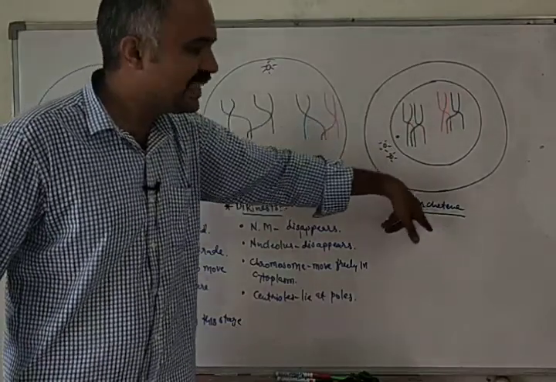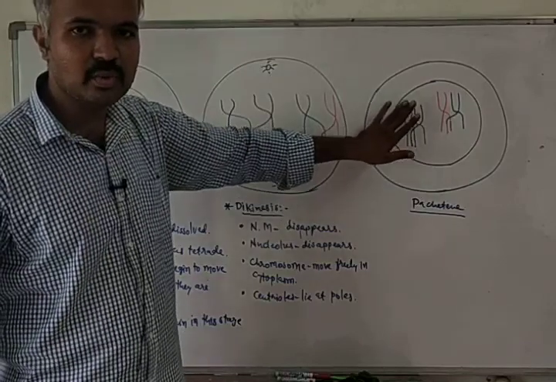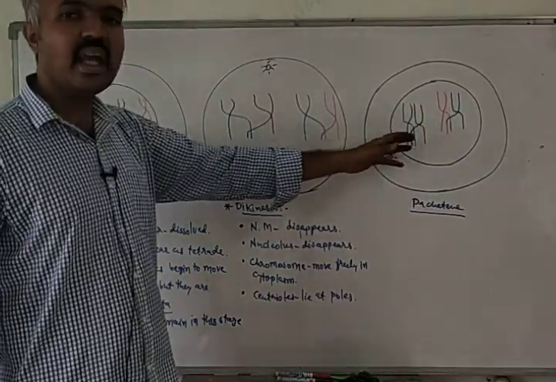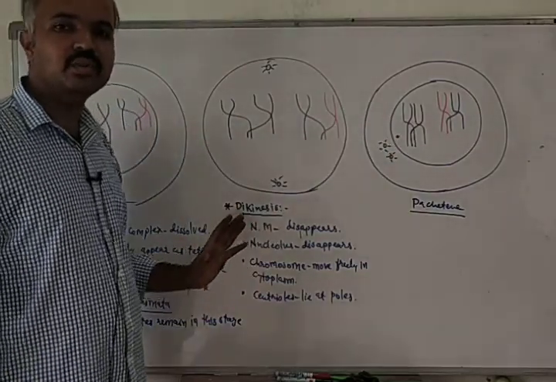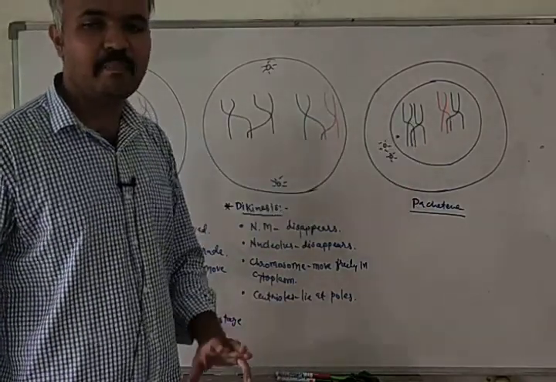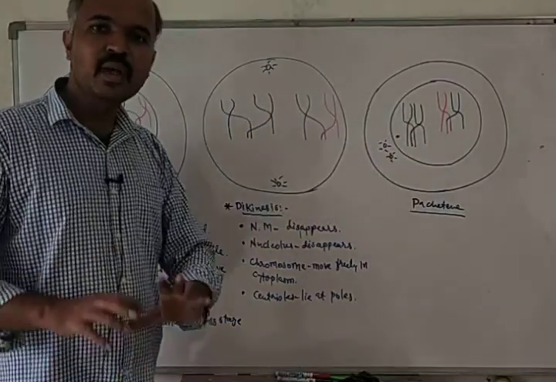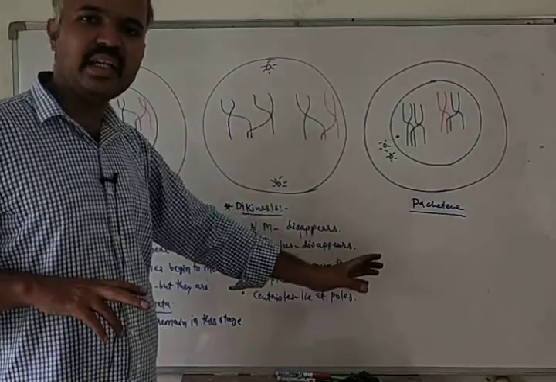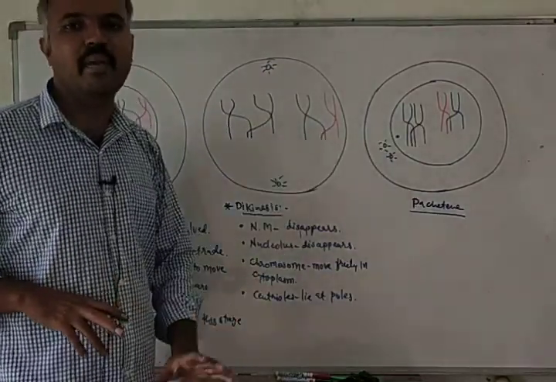So in the pachytene stage, only one chromosome was visible. Only a pair of the chromosomes was there, and that pair is known as a bivalent. So in the pachytene stage, we could see only the bivalent under the microscope.